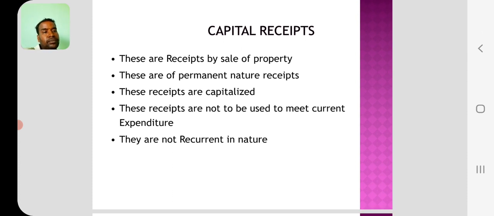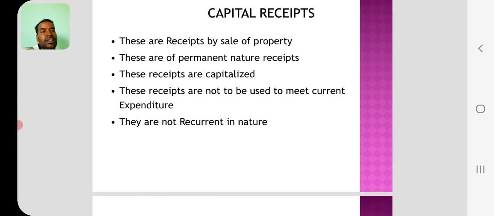By selling the property, we are getting money. Property means permanent assets or fixed assets. These are receipts of a permanent nature. These receipts are capitalized. Capitalized means they belong to a longer period, more than 10 years.